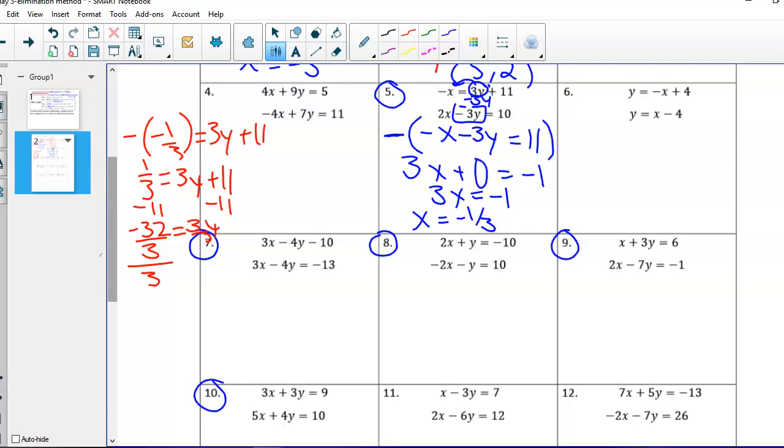What did we get for that? Negative 32/9. So you have these really weird fractions as your ordered pair, negative 1/3 and negative 32/9. That is the answer. It just worked out really weird.